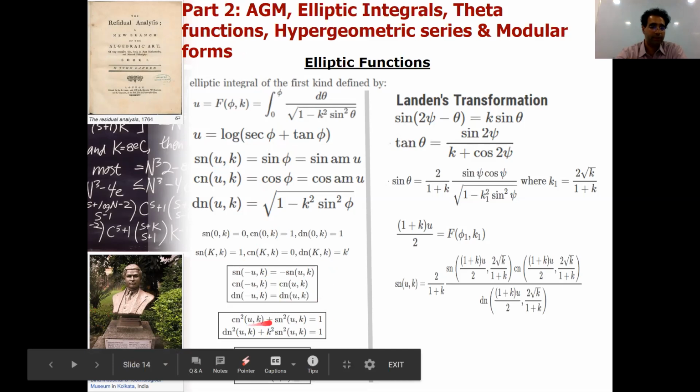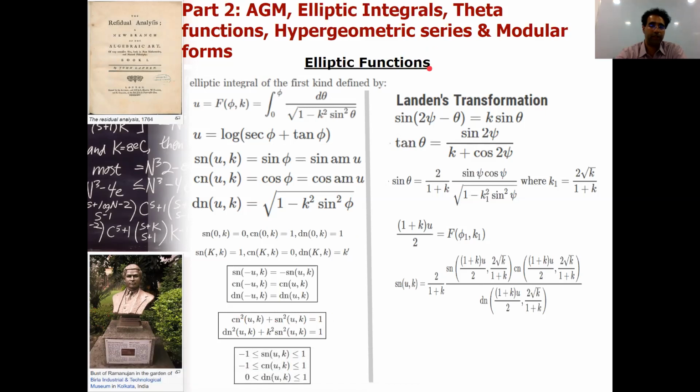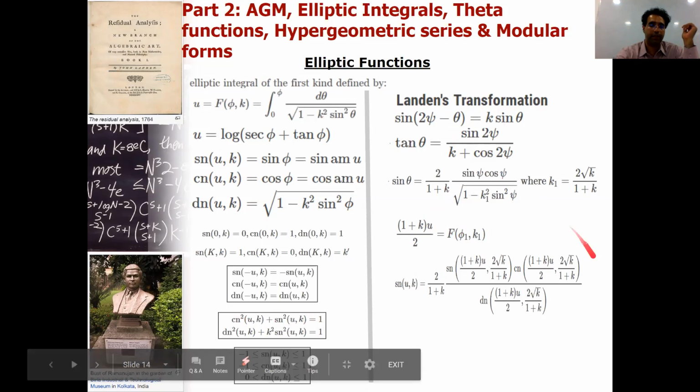And it has specific identities also, which are similar to the sine square theta and cos square theta kind of relations. For Landen's transformation, he put, as we saw, k sine theta equal to sine of 2 phi minus theta, and then you get tan theta out of that. Once you get that, you form a relation between Sn, Cn, and Dn, and then you form an identity like this.